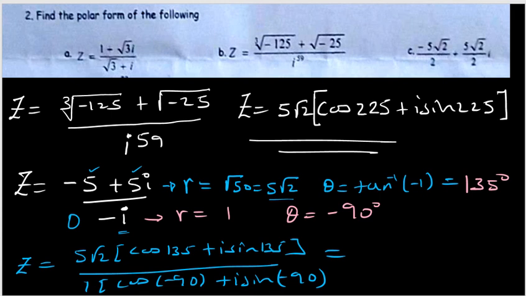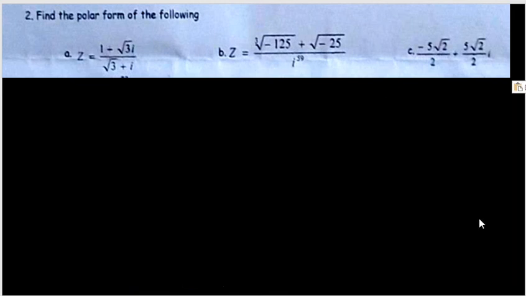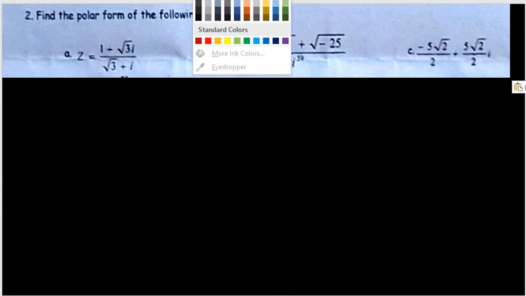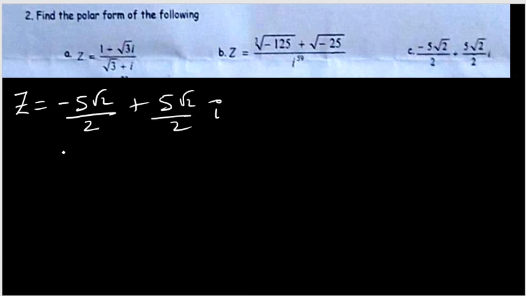Let us go to the next one. The next question: the z is equal to negative 5 root 2 over 2 plus 5 radical 2 over 2 i.